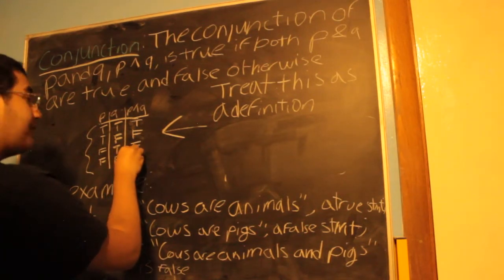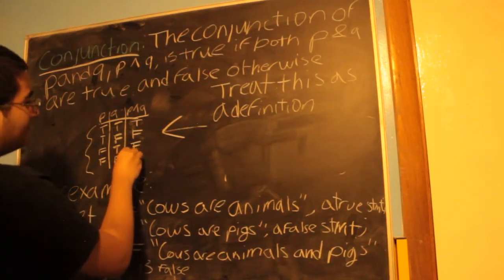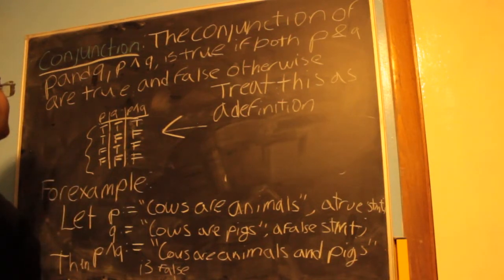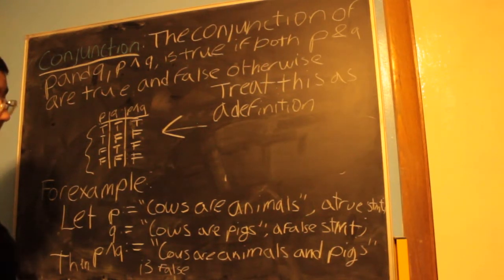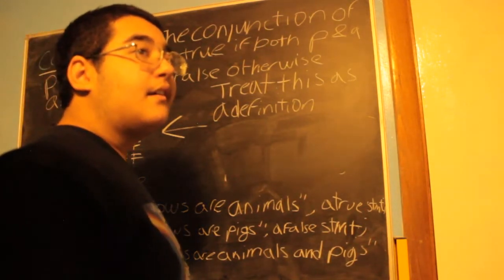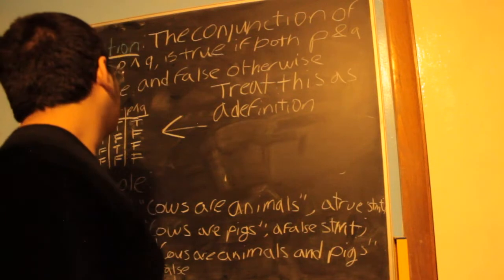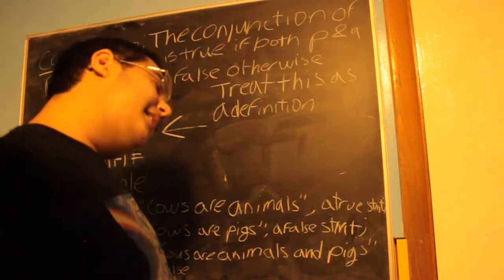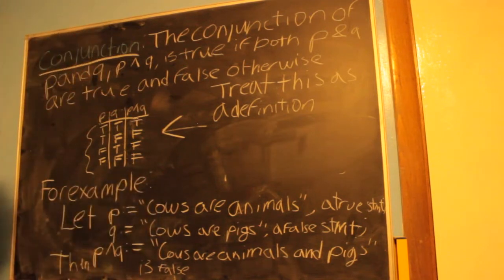And if both of them are false, I'm sorry to say it, but it's also false. So sad. So very sad. But alas, there's only one true. And this is what we would expect from an and.